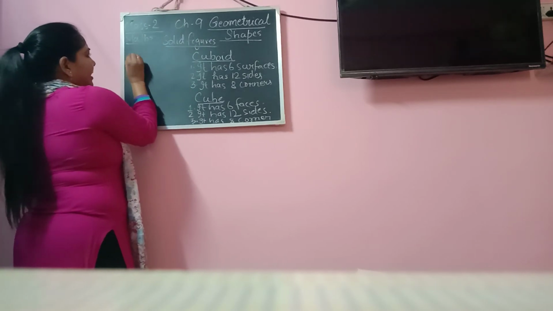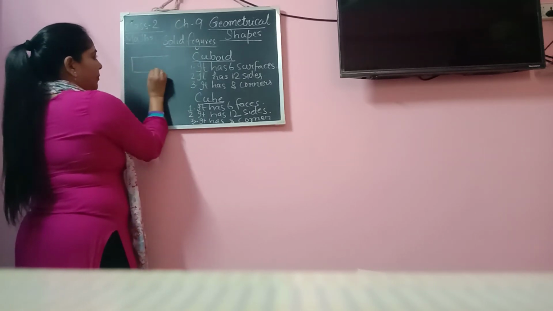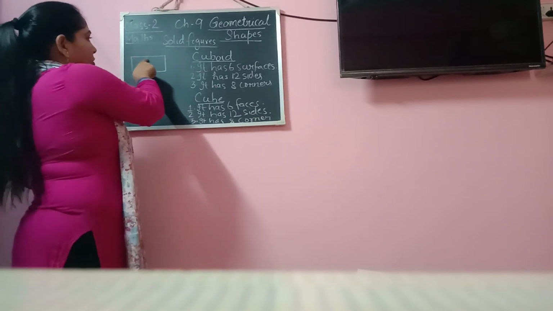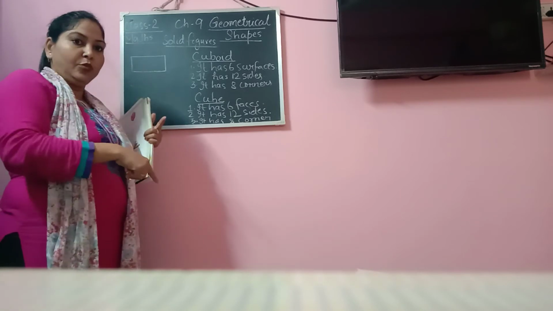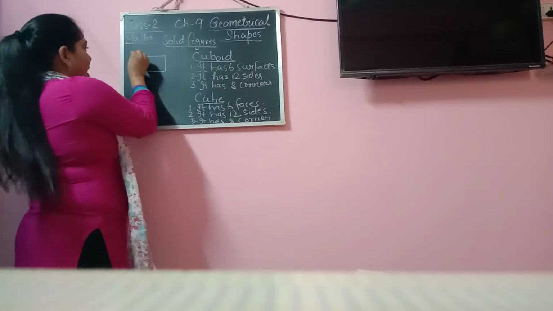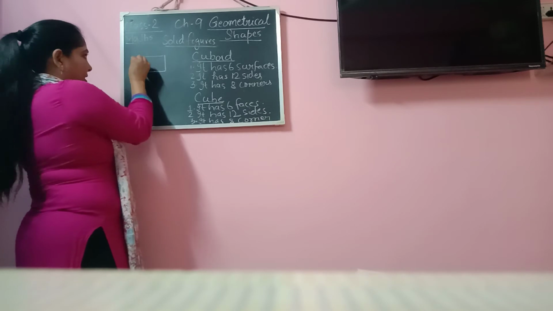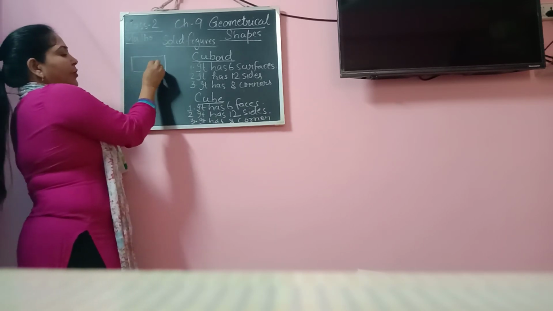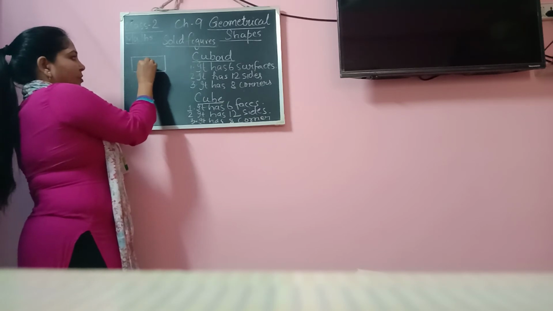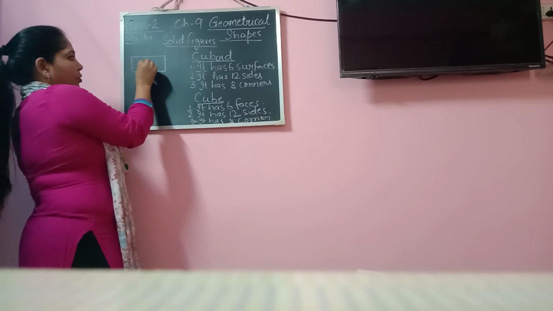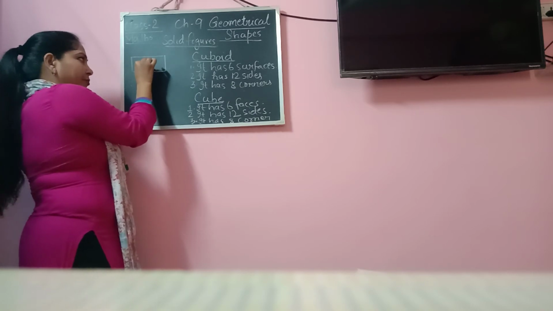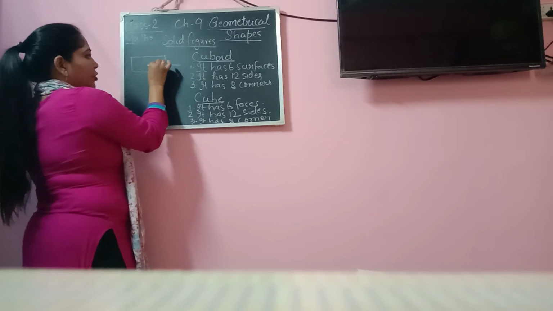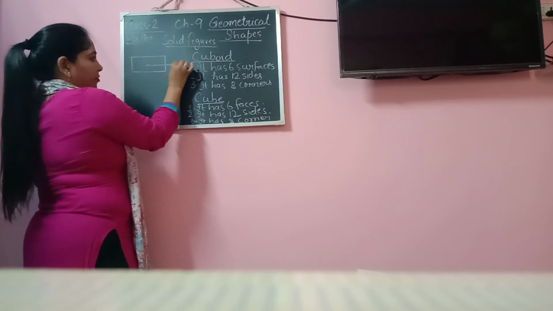See, first in your copy, take 4 boxes on top and down here you take 2 boxes. Now from the middle, that is from the second box, you will draw. Then from the second box again, from here you will count 1, 2, 3, 4, and again draw one more straight line.